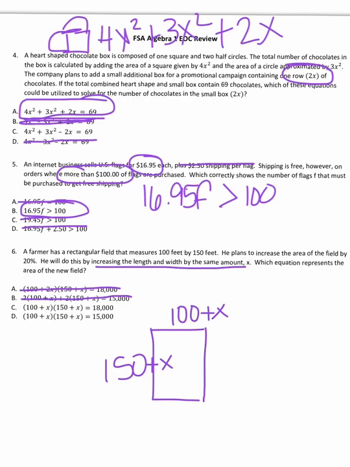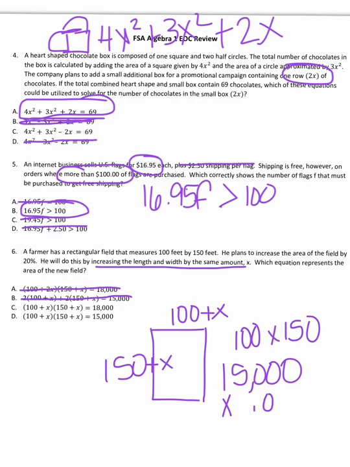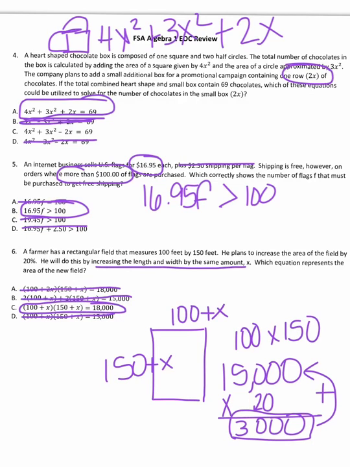So let's start off by finding out the area, which is 100 times 150, which is 15,000. 20% of that, so times 0.20 is 3,000. So then I take this 3,000 and I add it to the 15,000, and that tells you what the value is after I increase by 20%, which is 18,000. And that right there is why D is wrong and C is correct.